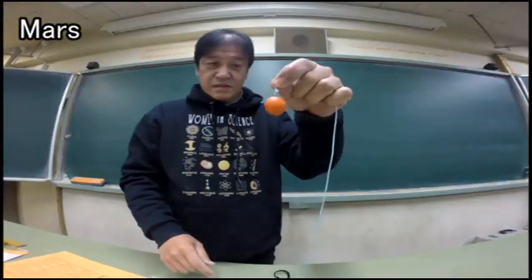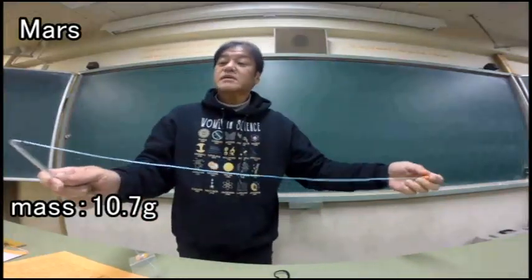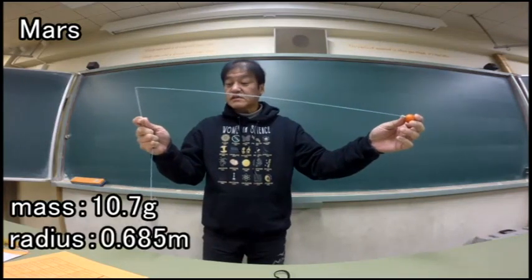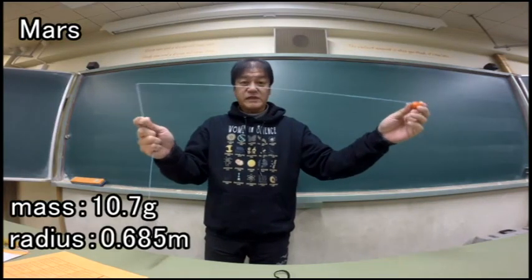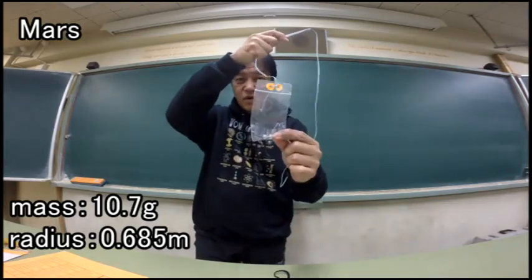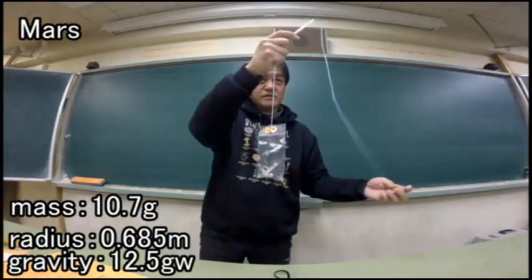Mars. Mass is 10.7 grams, and revolution radius is very long, 0.685 meters, and universal gravitation small, 12.5 grams weight.